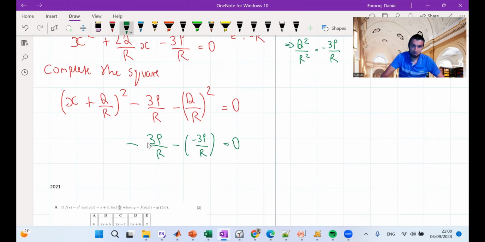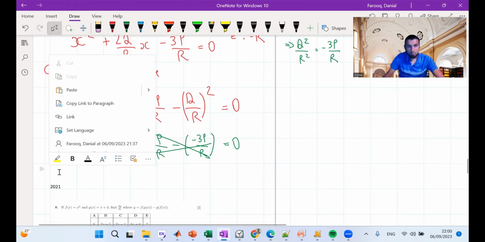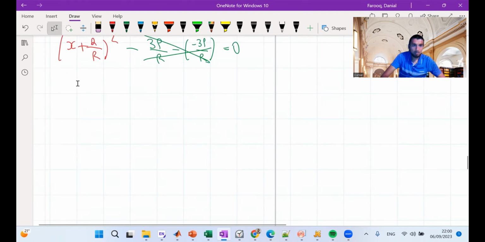Those two will cancel out, because two minuses make a plus. So then we'll be left with x plus q over r, squared, equals 0, which means that x will equal minus q over r.